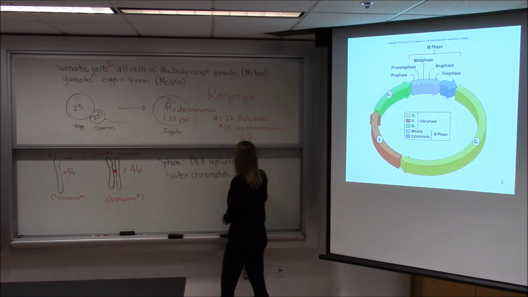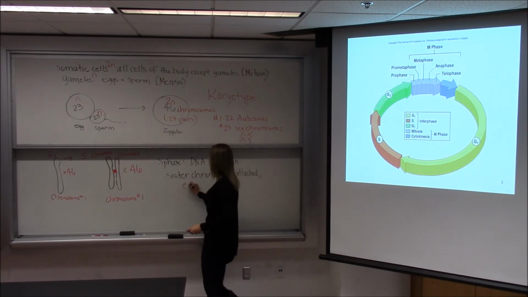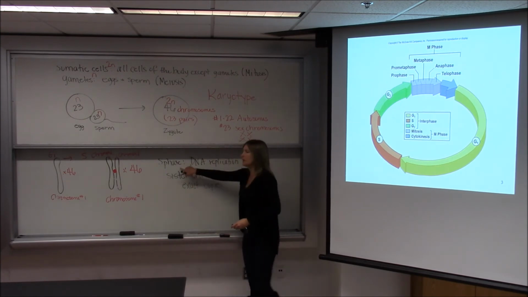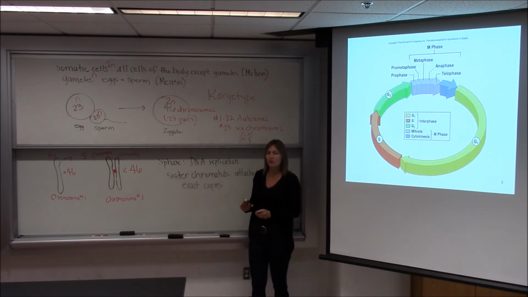So sister chromatids are attached. They are exact copies of each other. We made that copy during the S phase. That's the purpose of the S phase, is to make that sister chromatid. They are genetically identical and they remain attached.